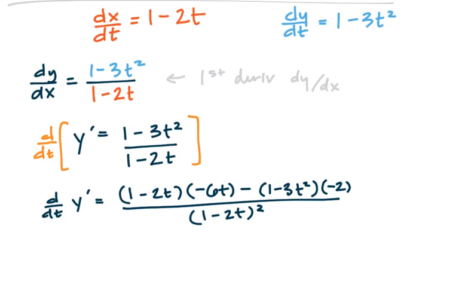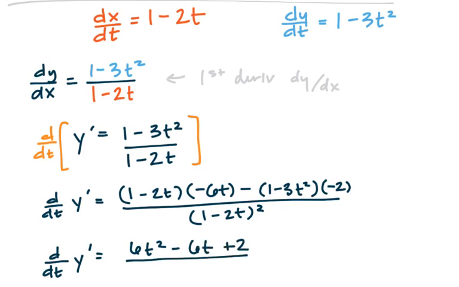And with a little bit of distribution magic, we get that d dt of y prime is 6t squared minus 6t plus 2 over 1 minus 2t squared.